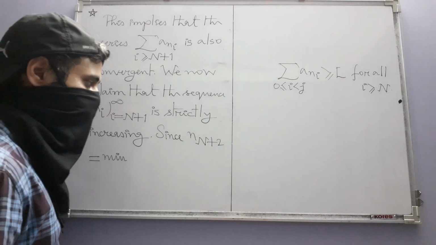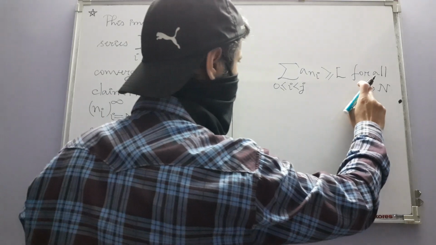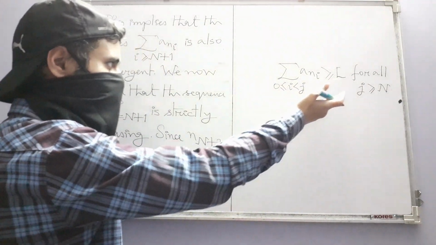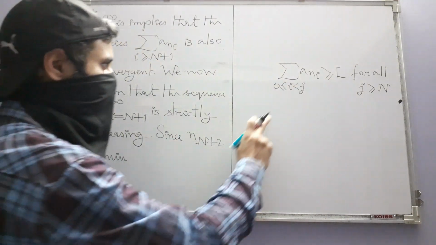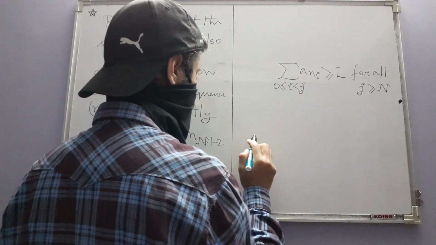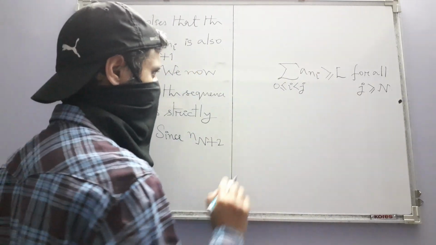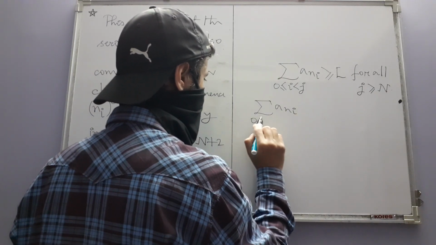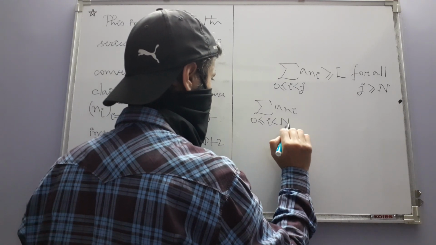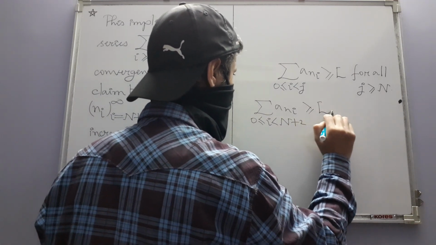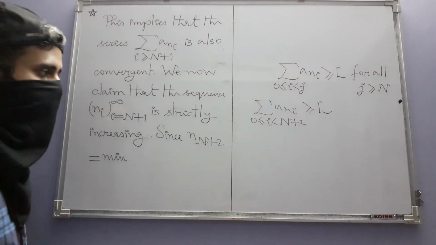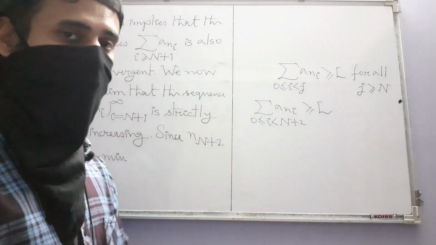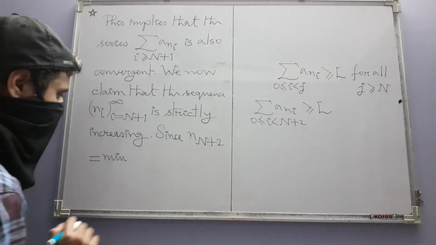So that means if you take, well, it's not i, it's j. I don't remember there. If I have written i, please change it to j. So if I now put j equal to n plus 2, which I can do because n plus 2 is greater than n, then this is also greater than or equal to L. So that means n plus 2 will be defined using case 2. So that's what we are doing.